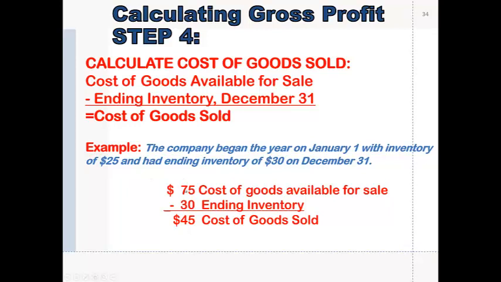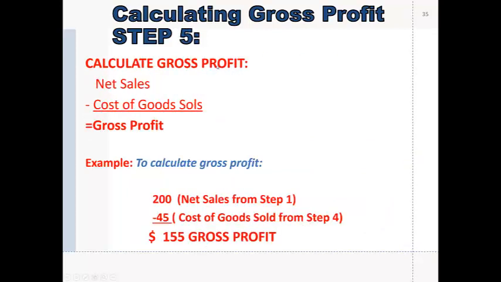This is everything we had to sell. At the end of the year, we took ending inventory, and the only inventory we had amounted to $30 worth. So if we started all year with 75 and we've only got 30 left, that means $45 was sold in merchandise. So that we know that our cost of goods sold was $45.